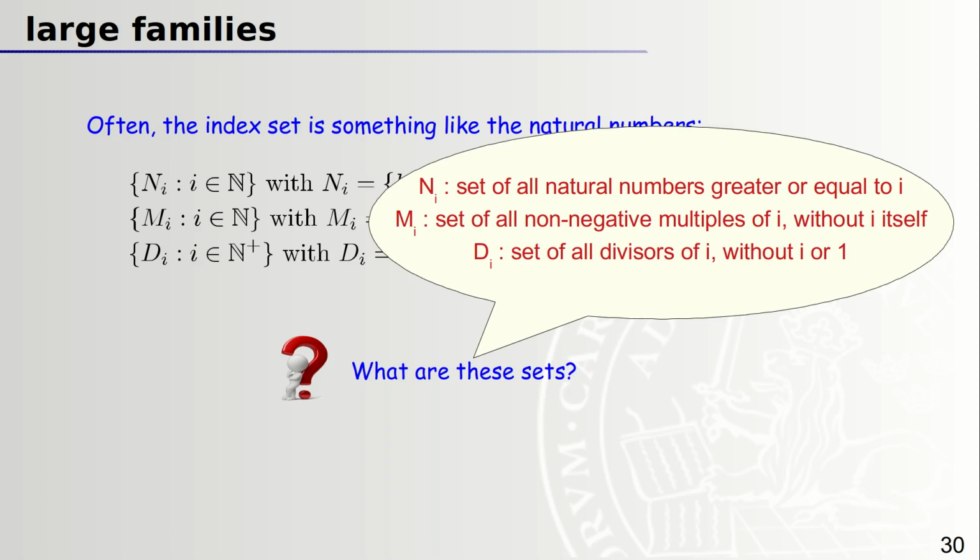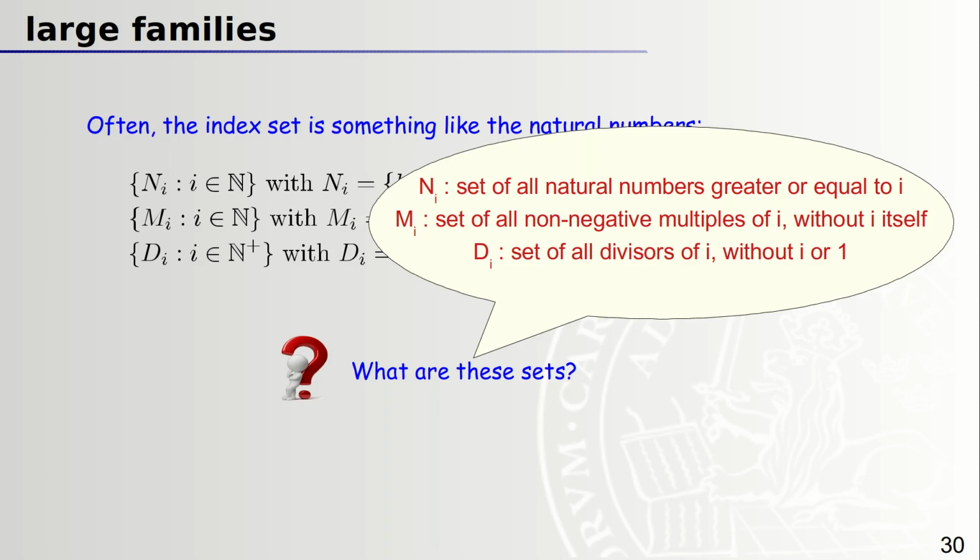Ni is the set of all natural numbers greater than or equal to i. Mi is the set of all non-negative multiples of i without i itself. And Di is the set of all divisors of i without i or 1.